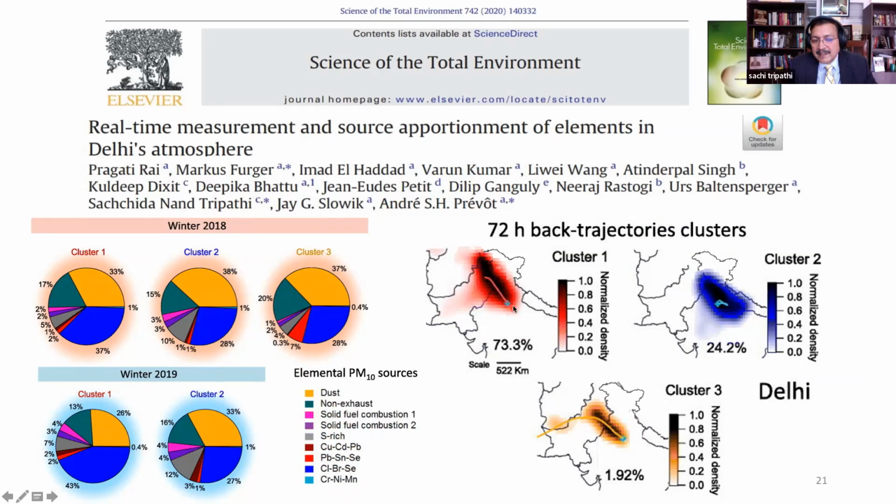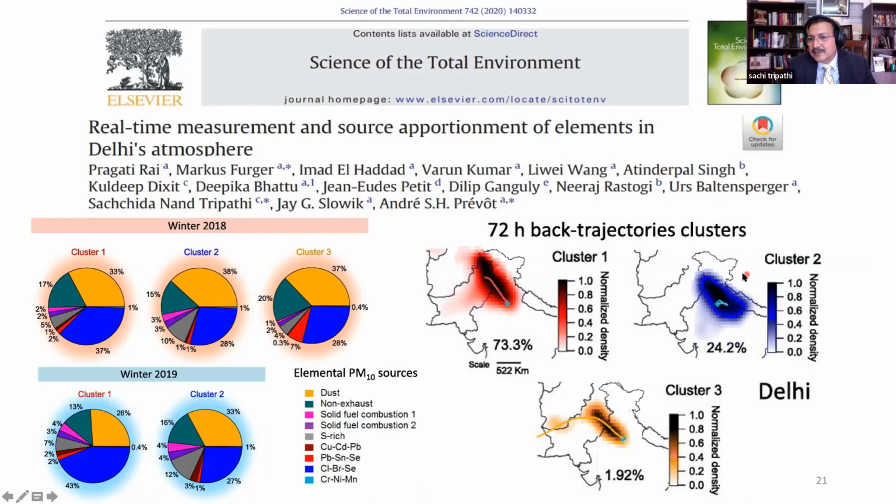Now, when you combine them with the wind information, this dot actually shows the receptor site, which is IIT Delhi. So one kind of source generally is coming from the northwest, and the shade of the color shows how much is contributed, what is the contribution from the sources which are located in this corridor.